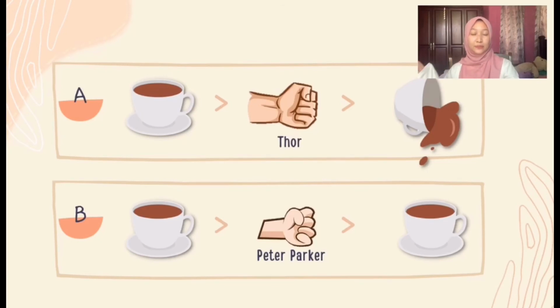In situation A, the glass fell down because the force that Thor used to hit the table is sufficient enough to make the glass fall down. Meanwhile, in situation B, the force that Peter Parker used to hit the table is not sufficient enough to make the glass fall down. So, that is the importance of deductive nomological explanation. You can see the difference, right?